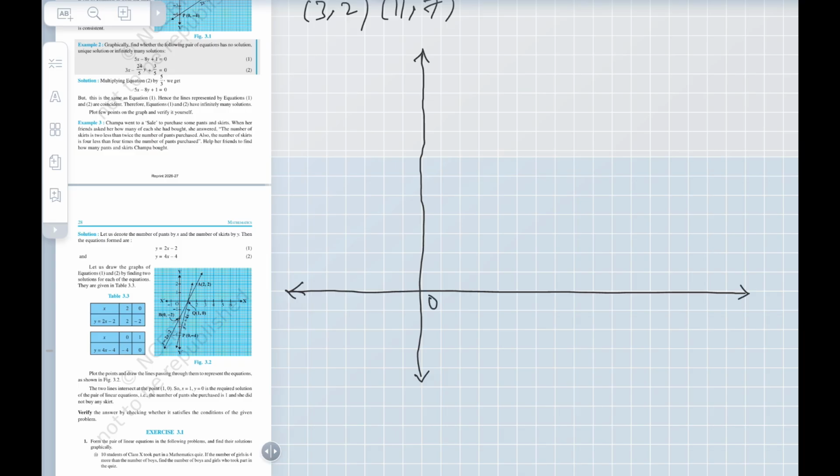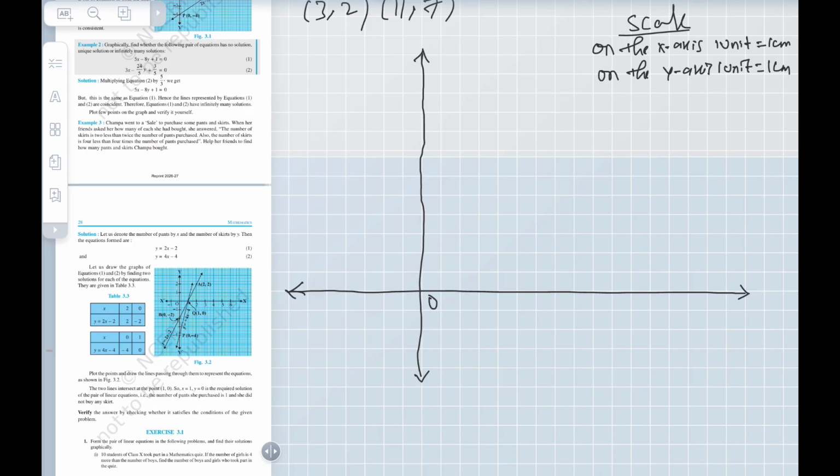You write the scale, otherwise you will forget. Scale on the x-axis, 1 unit equals to 1 centimeter. On the y-axis, 1 unit equals to 1 centimeter.